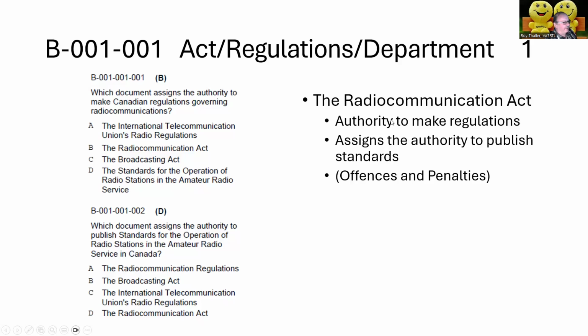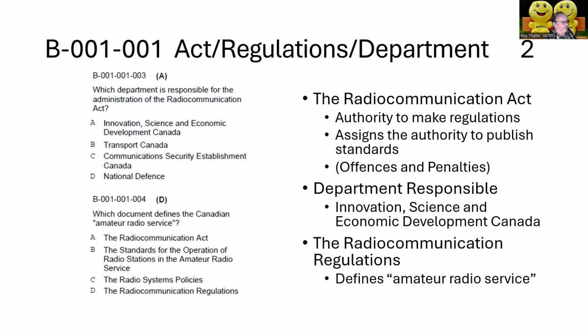It gives the authority to make your regulations, assigns the authority to publish regulations or standards, and also provides information on offenses and penalties, which is covered in another section. The department responsible for enforcement of this regulation is ISED Canada, Innovation, Science, and Economic Development Canada.